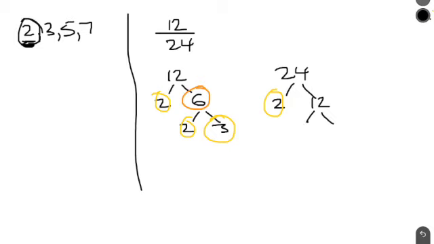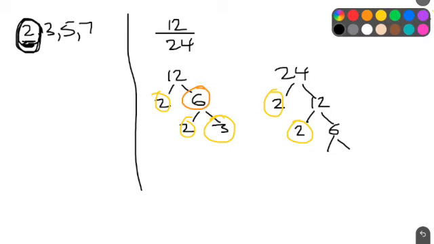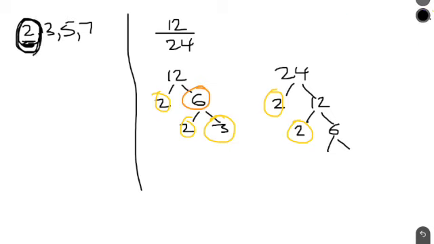We consider the lowest prime number again, which is 2, and 2 times 6 is 12. We finish with that number and continue on with the 6, because 6 is not a prime number. We consider 2 again, and 2 can go into 6. 2 times 3 is 6. Now we're all set, because all of the numbers in our tree are prime numbers.